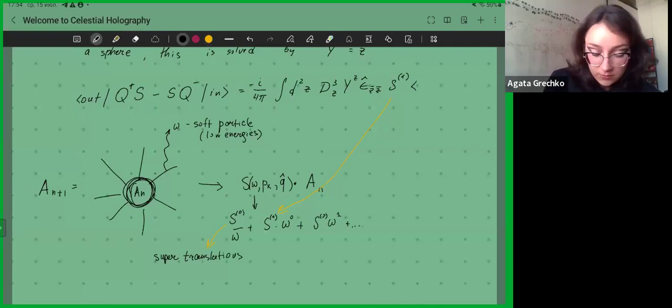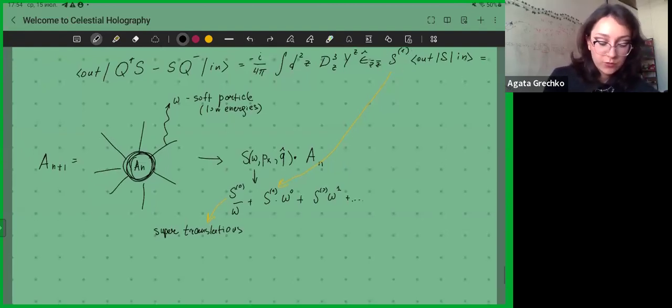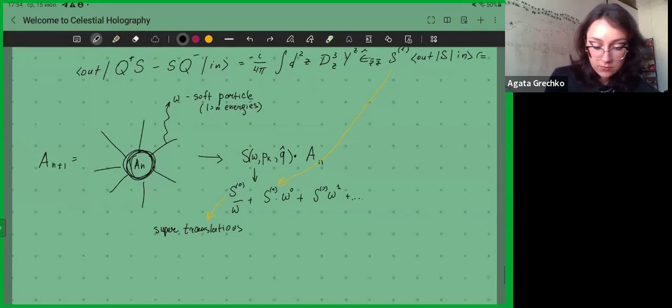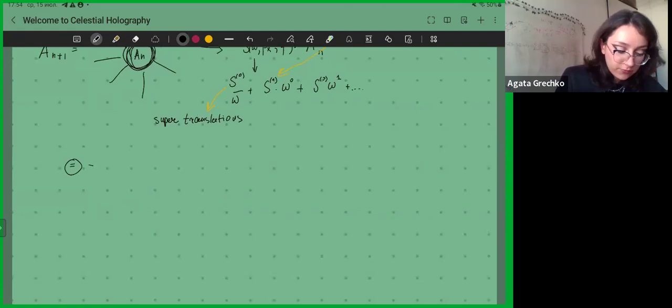So when we again bring this to the form, we know the form of this subleading soft factor, okay? And when we substitute it in our derivation, we will get the following expansion for the factor.